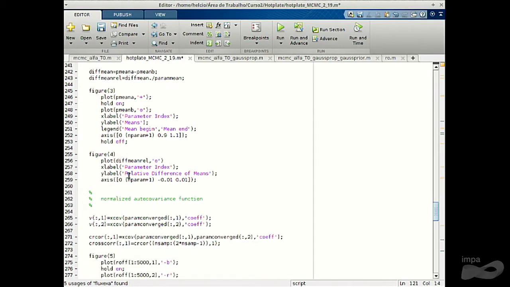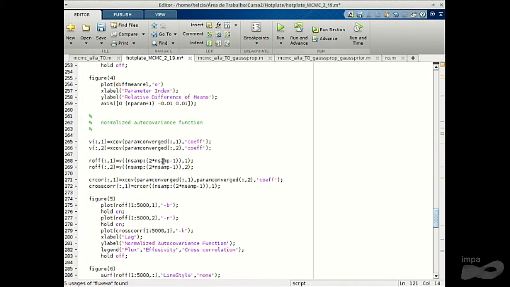And then I compute the normalized autocovariance function with that Matlab function that I have shown you before. But then I remove from this vector the first half, because you remember that it's not centered. It's centered at the number of samples, because it computes forward and backwards the covariance.